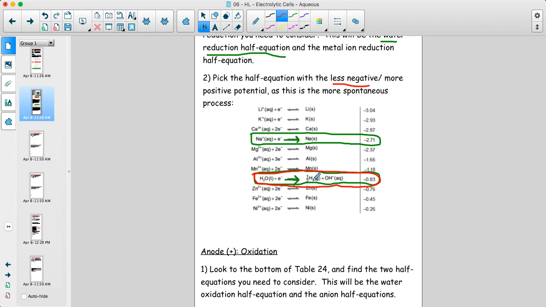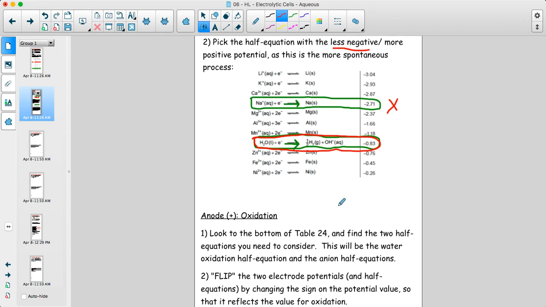So the observations at the negative electrode would be bubbling, and you could test the pH and you would see a high pH value, or an indicator would show a basic color near the negative electrode. So we aren't going to produce any sodium metal. We're actually going to produce hydrogen gas as the main product instead.